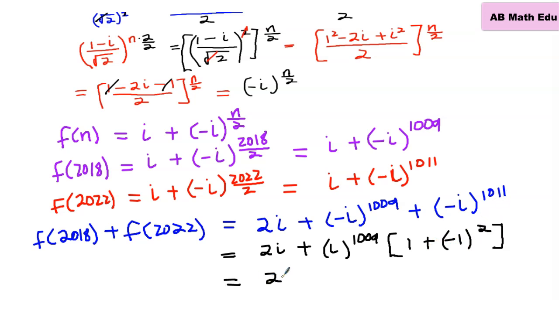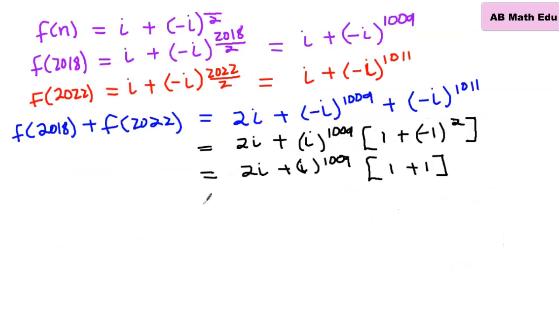This equals 2i plus (-i) to the power 1009, and here it will be 1 plus 1. So that is equal to 2i plus i to the power 1009 times 2.